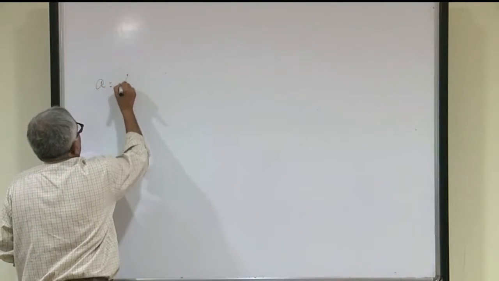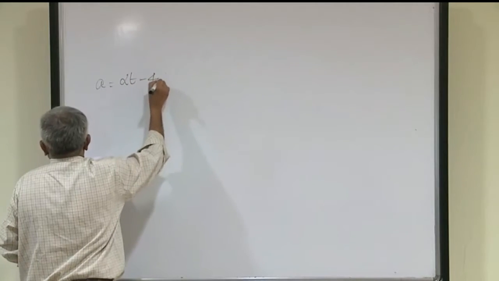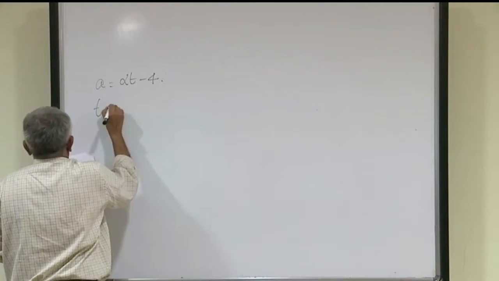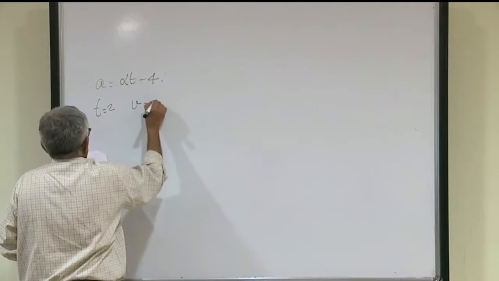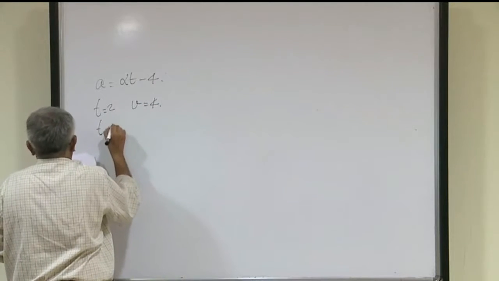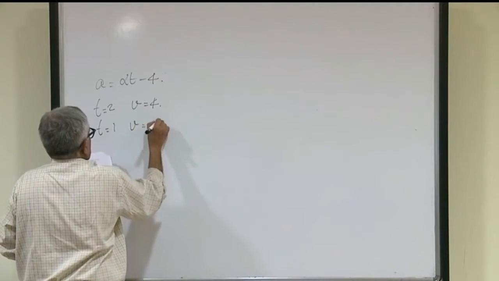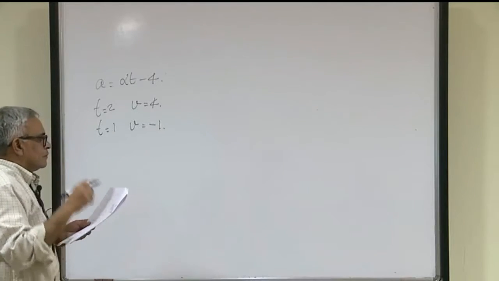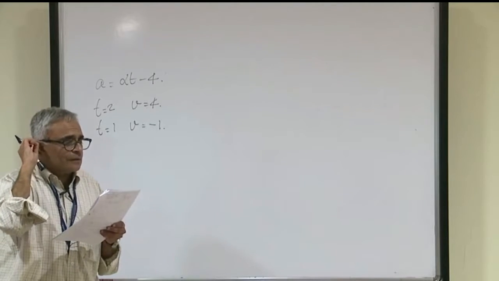A is given as alpha t minus 4. At t equals 2, v equals 4. At t equals 1, v equals minus 1.